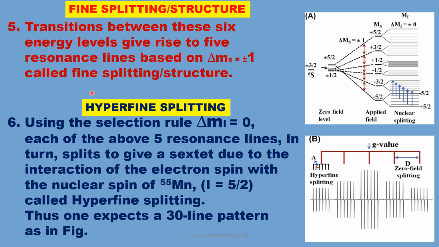Now let us see what is called hyperfine splitting. There are 1, 2, 3, 4, 5 lines. Zero field splitting is obtained from this.